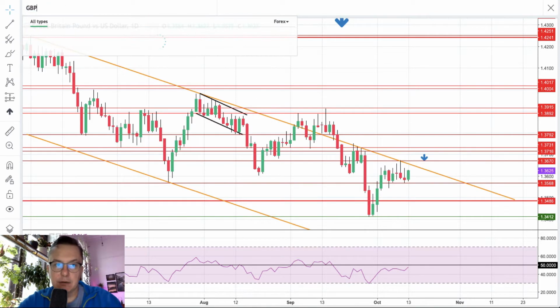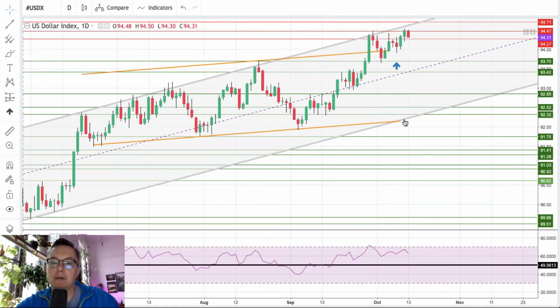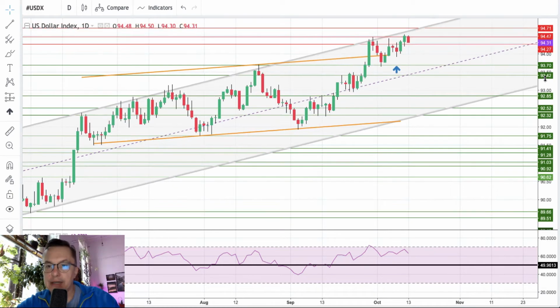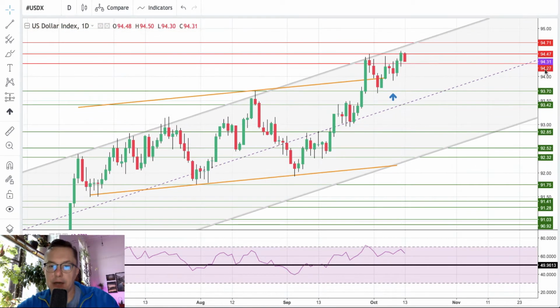So let's take a look at the US dollar index first, because of the FOMC meeting minutes. So what do we have here? Yesterday we've made another higher high, at the level of 94.53. This is just slightly above 94.47, the technical resistance, and the high from the end of September. So we have a marginal higher high.